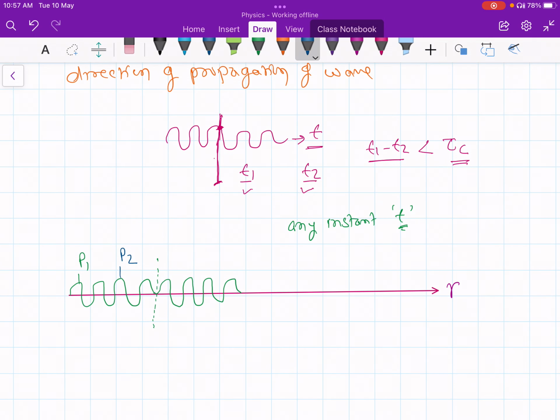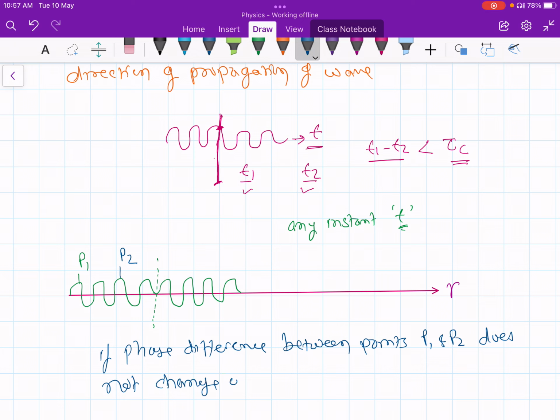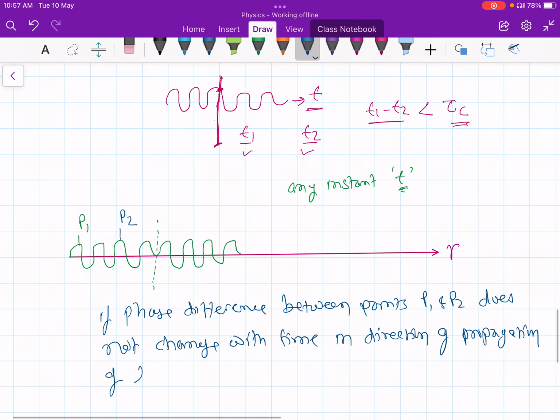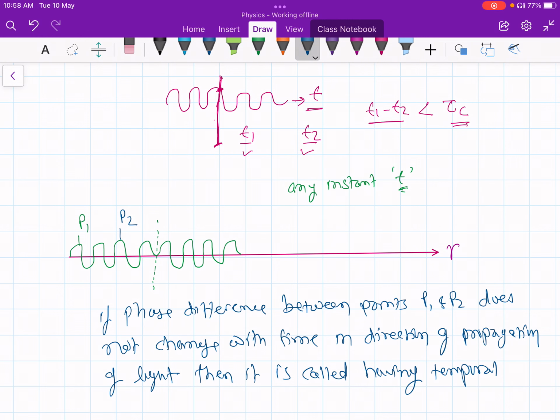If the phase difference between points P1 and P2 does not change with time, in the direction of propagation of light, then it is called having temporal coherence.